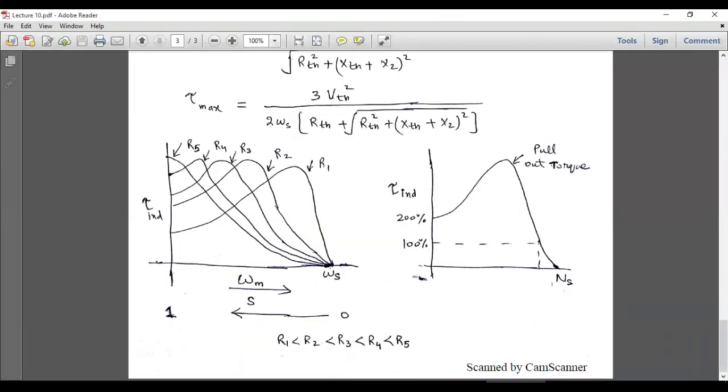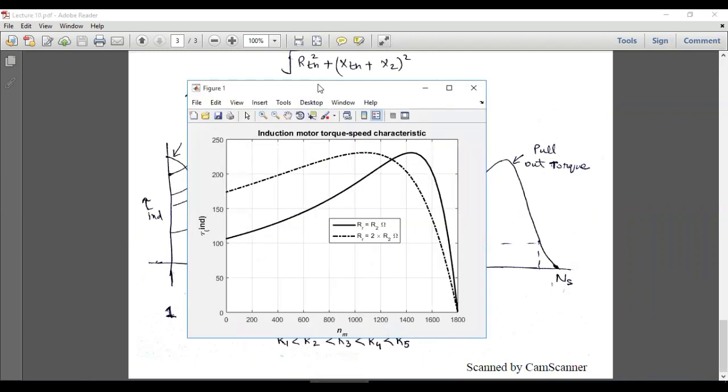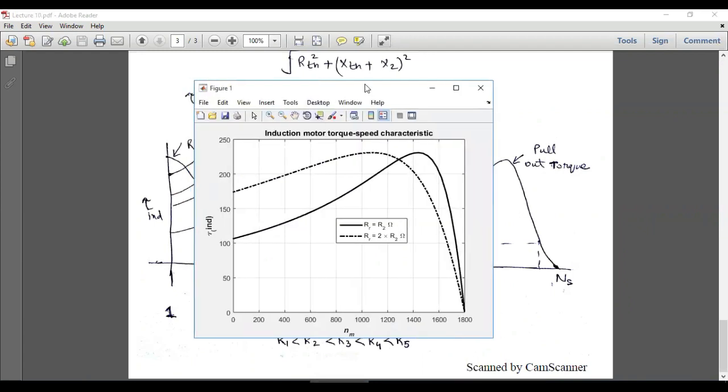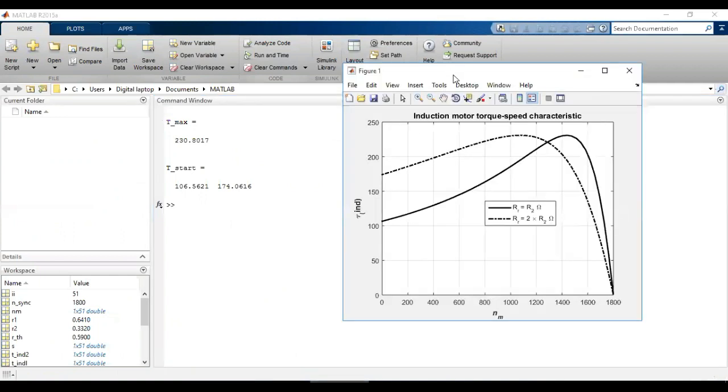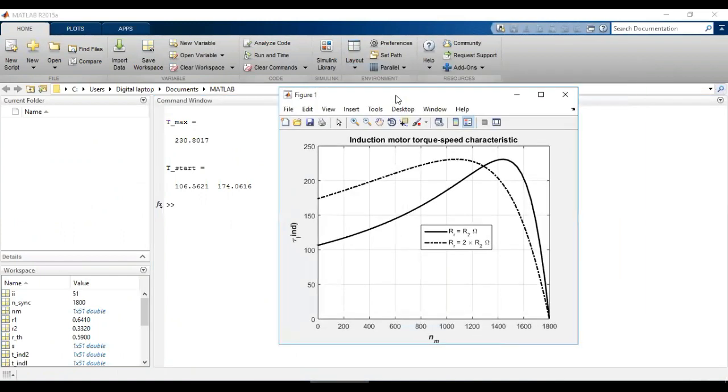Okay, so these curves can be compared with each other, and you can see this is the starting torque and these are the maximum torques. So for two different values of rotor resistances, now let's check the value of starting torque and the maximum torque. So maximum torque is 230.8, so we can verify its value from this curve.